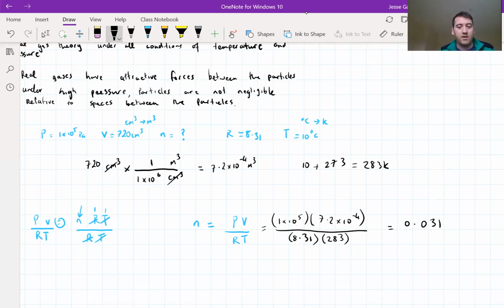And this, of course, is moles because I was finding N.